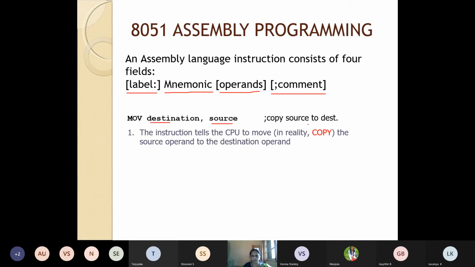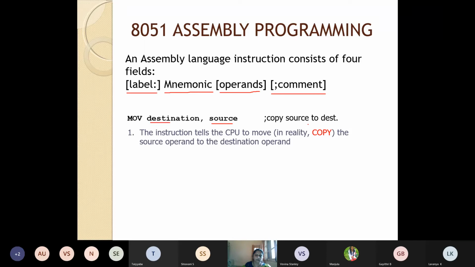Then the mnemonic, which should be present, followed by the operands based on your instruction. I may have one operand, zero operands, or two operands. Then followed by the comment. The comment should be preceded with a semicolon. So this is the format of writing the instruction.